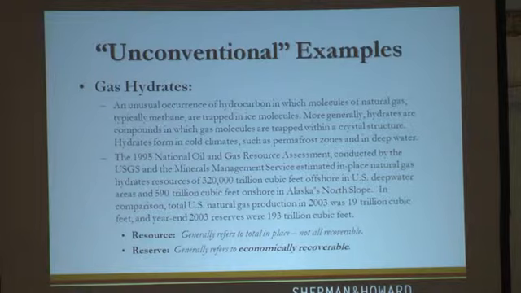And in this discussion, this is information also again from the Energy Information Administration, and they talk about how much gas is in place, and that there's 320,000 trillion cubic feet offshore.